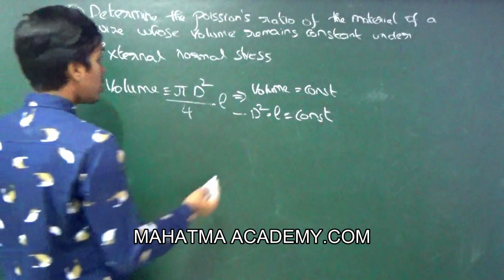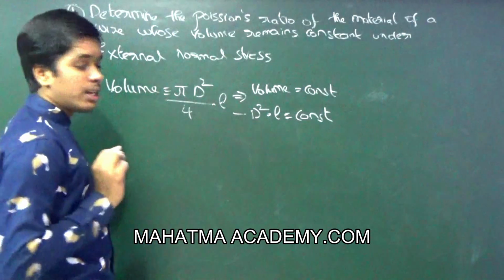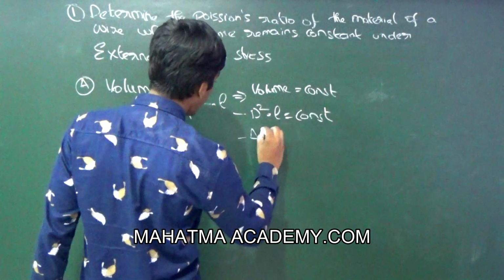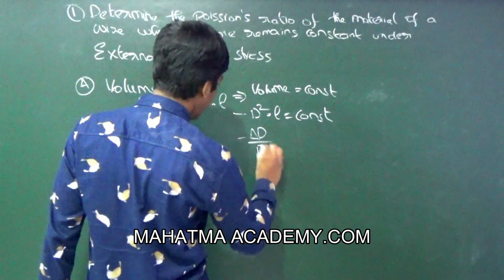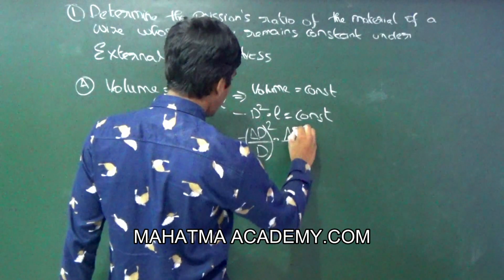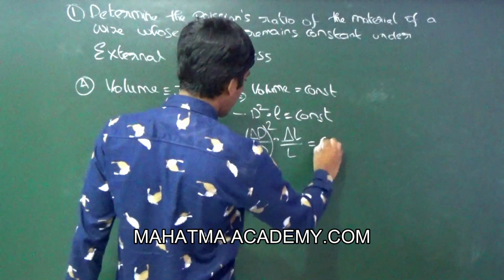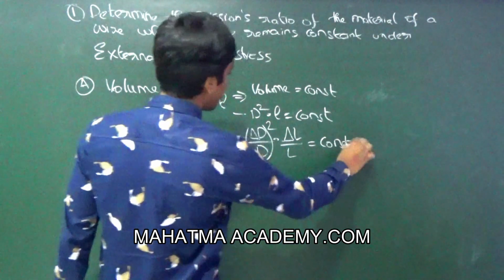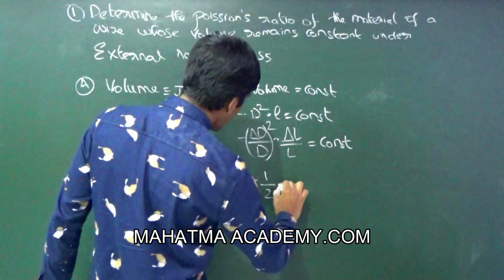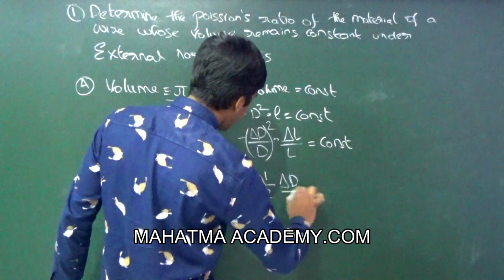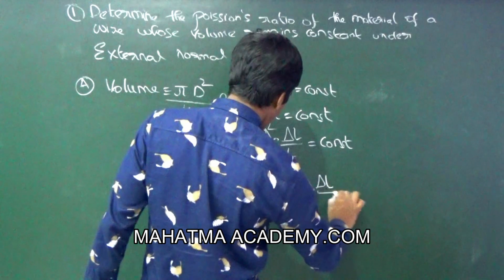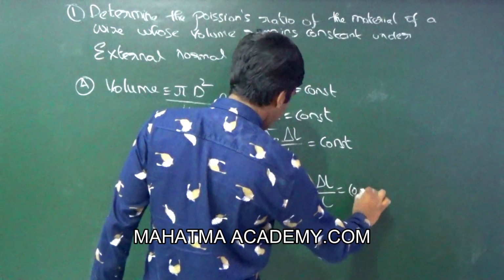Now that is delta V by V. Now we will write delta d upon d whole square into delta L upon L is equal to constant. So we can write this as minus 1 by 2 delta d by d plus delta L by L is equal to constant.